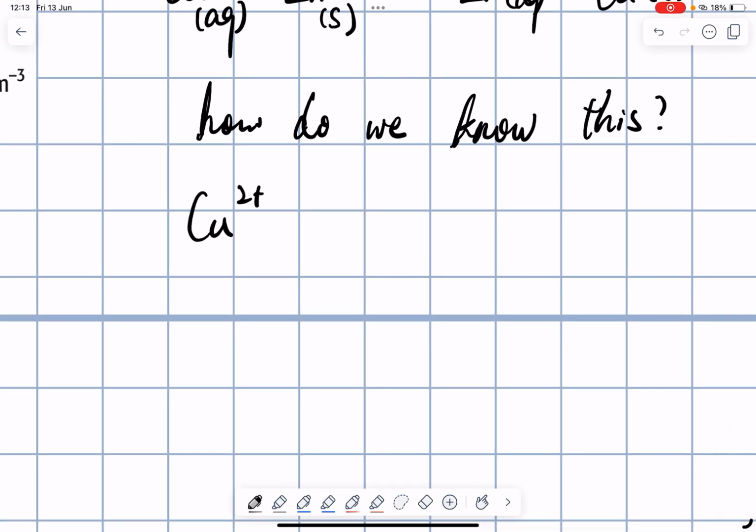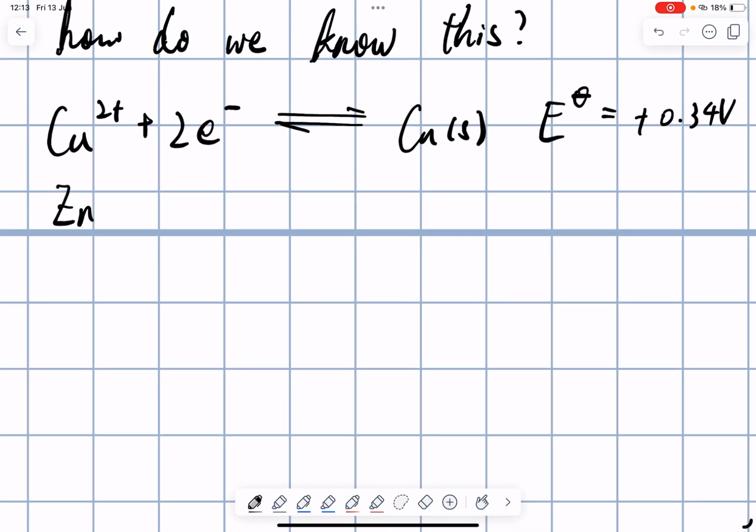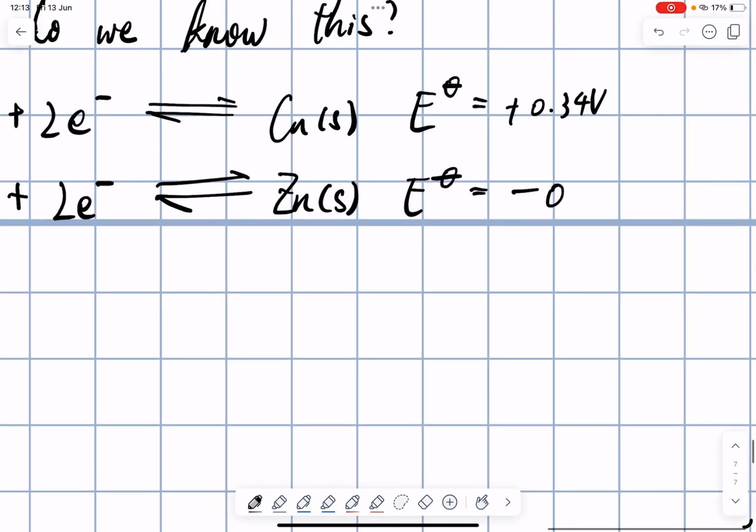First, I will give you two formulas. Cu2+ plus 2e- equals Cu(s), E standard equals plus 0.34 volts, and Zn2+ plus 2e- equals zinc solid, E standard is minus 0.76 volts.